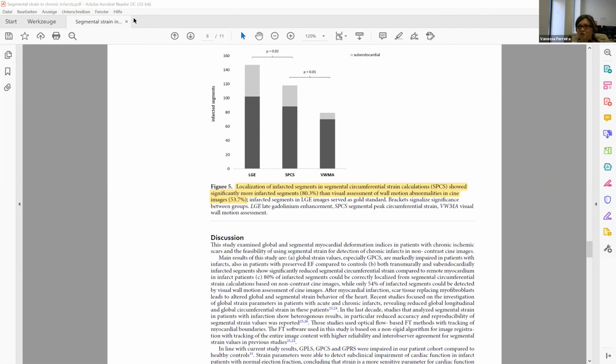And Dr. Friedrich, I also want to add that in your paper in 2003 with Daniel Messroghli on T1 mapping in MI, your conclusion was already predicting that we can see scars without the need for contrast agents. So we've come a really long way. Yeah, thank you very much.